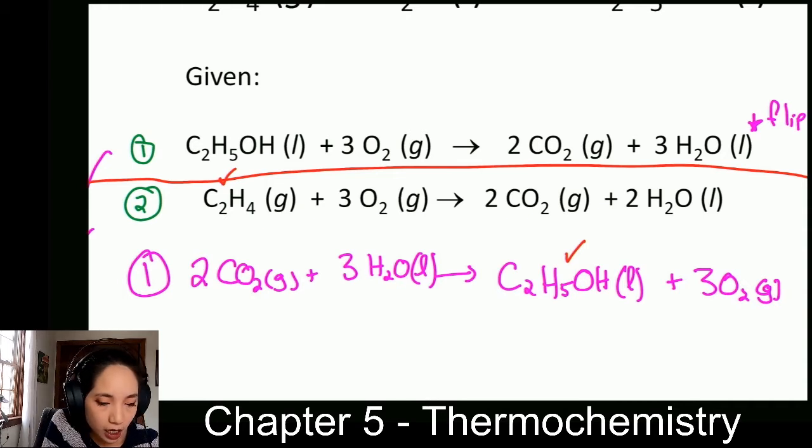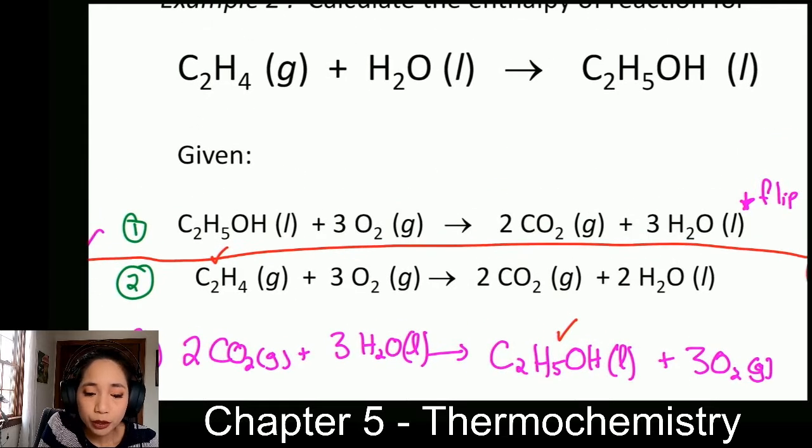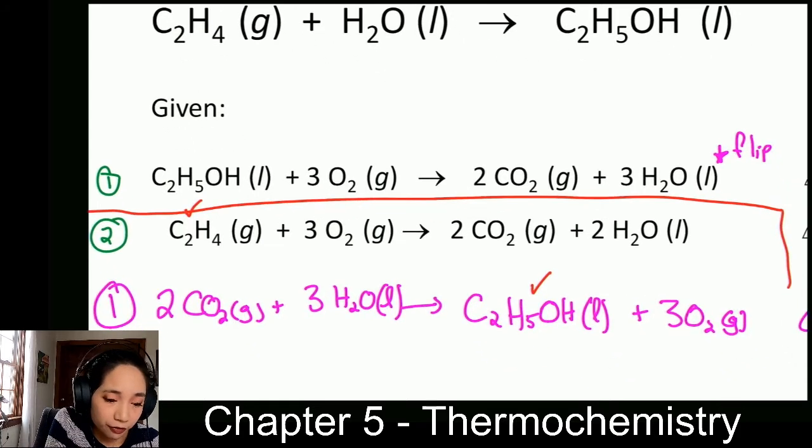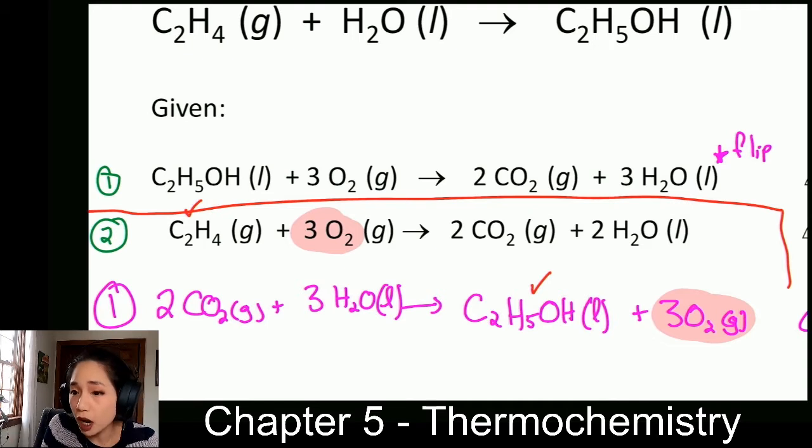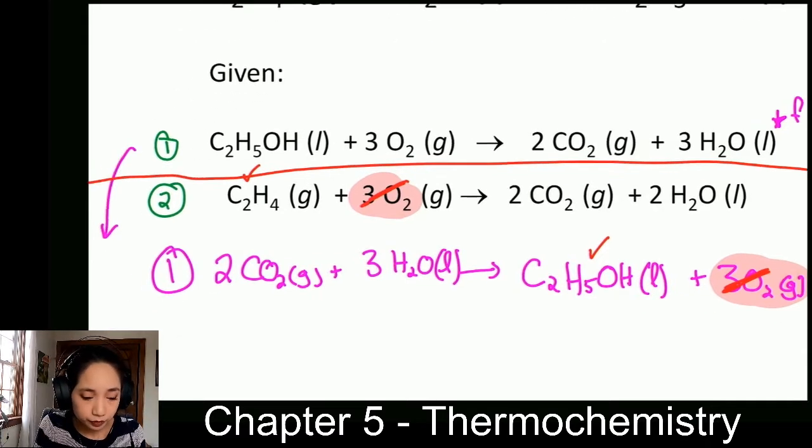I have 3 oxygens on the reactant side of step 2, but there are no oxygens in our target chemical reaction. Thankfully, oxygen also appears on the product side of our flipped step 1. Those two components cancel out because there are 3 of them on opposite sides.